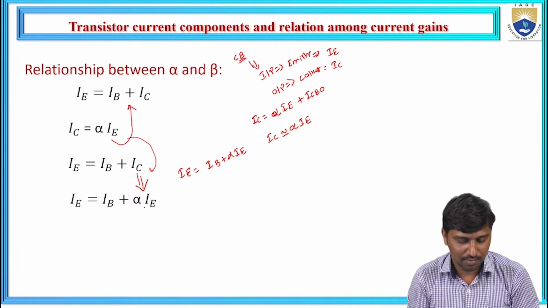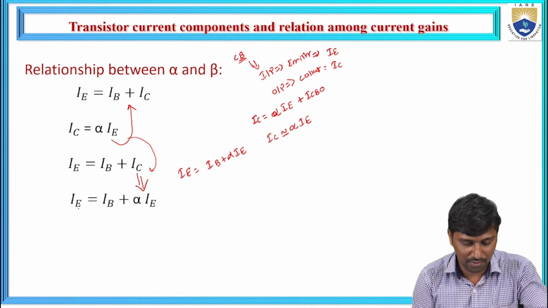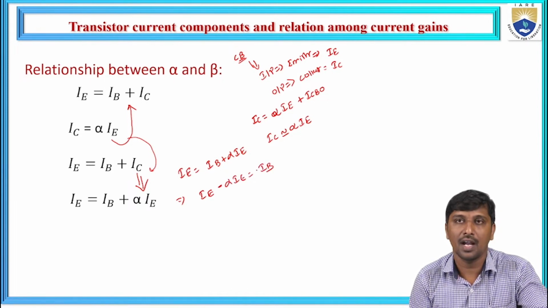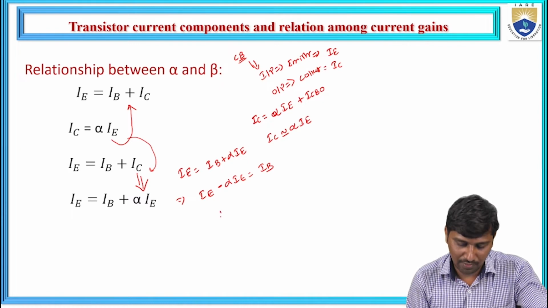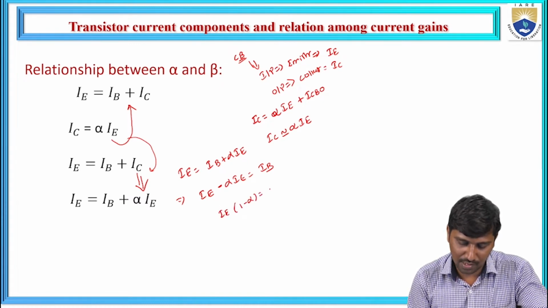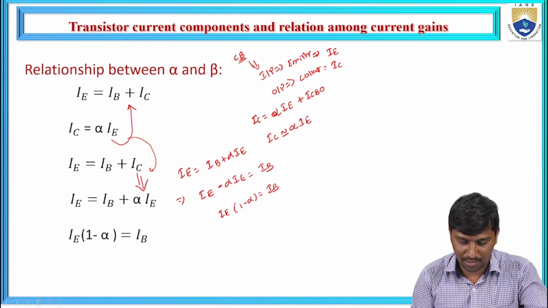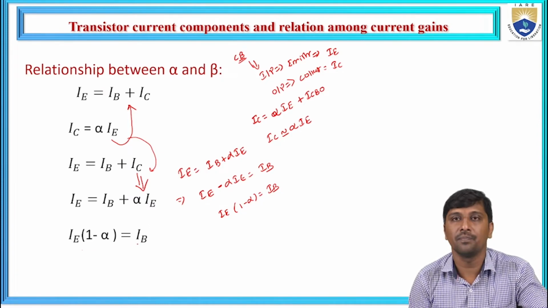Now we can collect the common terms. Here we have two common terms, IE and alpha times IE. So IE minus alpha times IE is equal to IB. Taking IE as common, it becomes IE times (1 minus alpha) equal to IB.